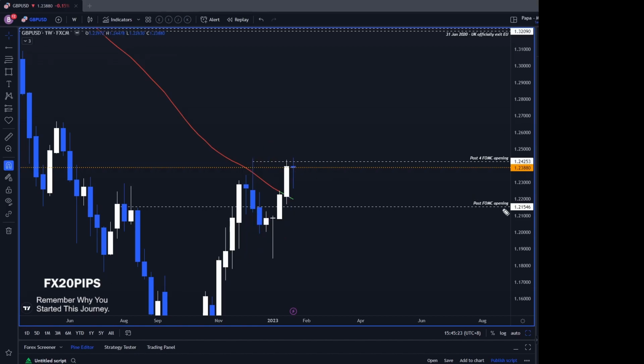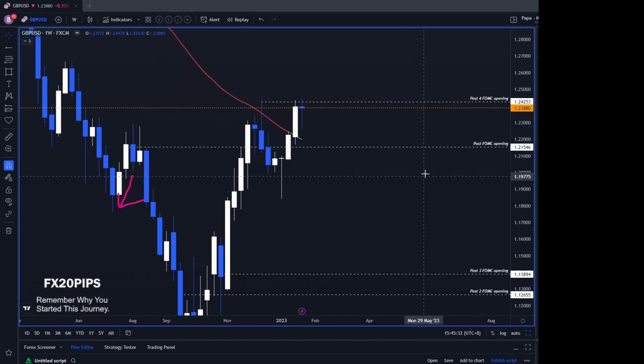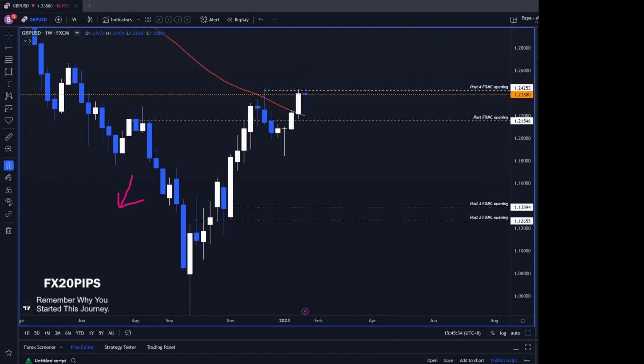Okay, this was in July when the US first started the rate increase. As you can see, price dropped. It seems like a shock to the world because the US started to increase rates. Okay, then this is FOMC2.